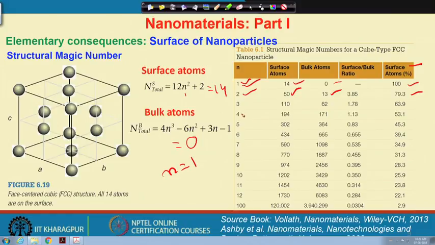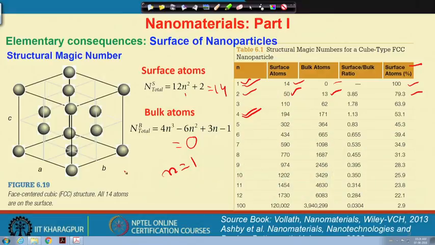And you can see here that when n is equal to 4, I have a very good size of a particle, let us say something on the scale of 0.4 nanometer multiplied by 4. So, this is the length scale I am talking about, something like 1.6 or let us say 2 nanometer size. In that scale I basically have 194 surface atoms and 171 bulk atoms.